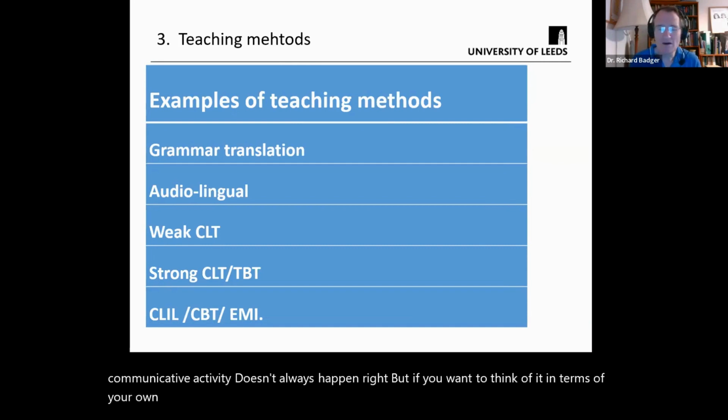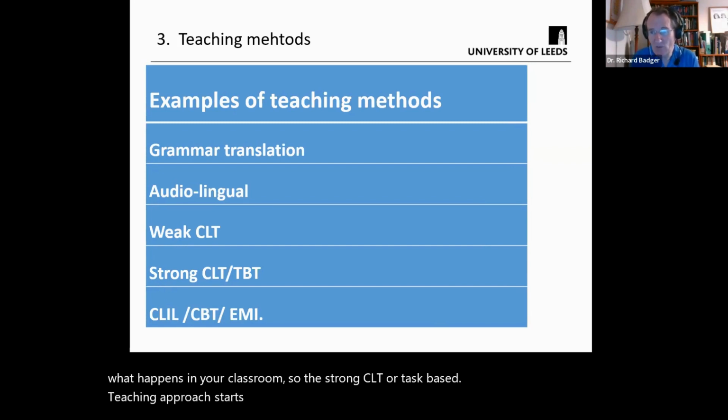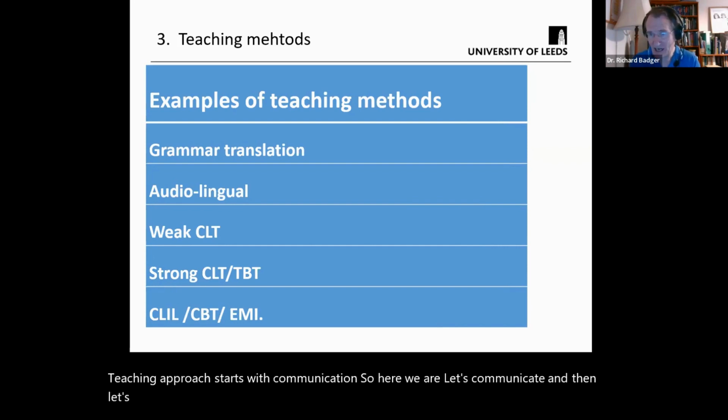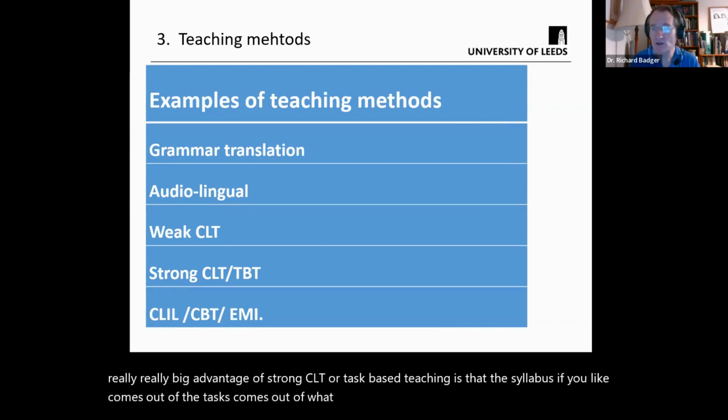So the strong CLT or task-based teaching approach starts with communication. So here we are, let's communicate, and then we analyze what goes wrong, and then we try and teach to that. Okay. Now, the really big advantage of strong CLT or task-based teaching is that the syllabus, if you like, comes out of the tasks, comes out of what the learners are not able to do.